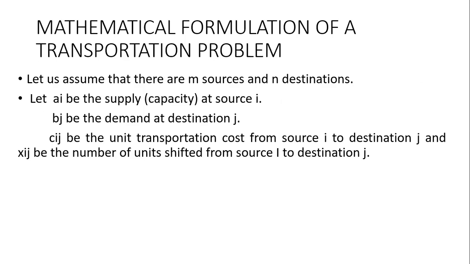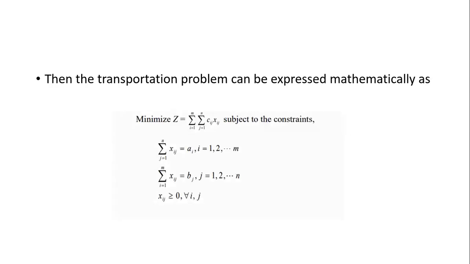Let us assume that there are m sources and n destinations. Ai is the supply at source i, and Bj is the demand at destination j, and Cij is considered to be the unit transportation cost from source i to destination j, and Xij is the number of units to be shifted from source i to destination j. Then the transportation problem can be expressed mathematically as given below.